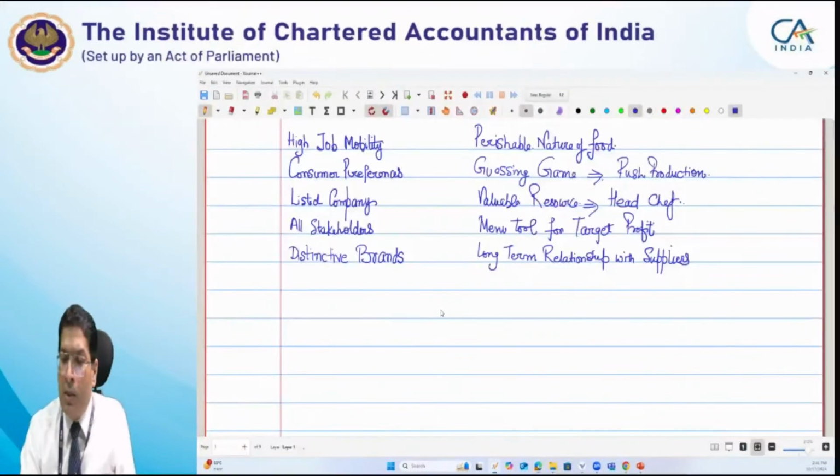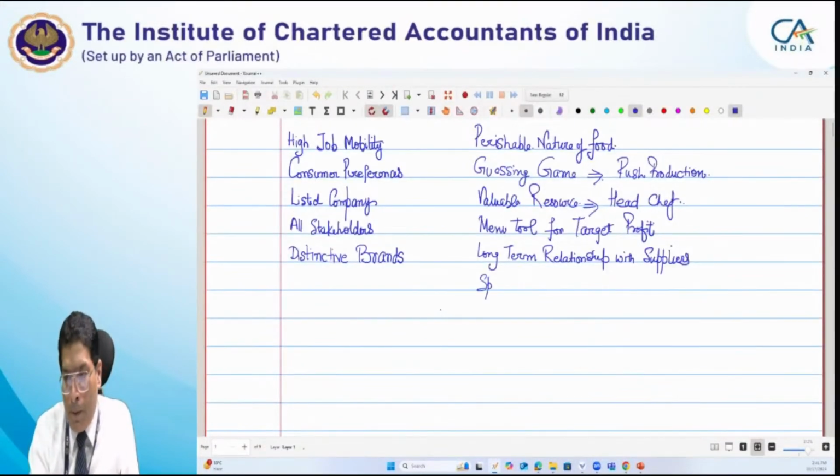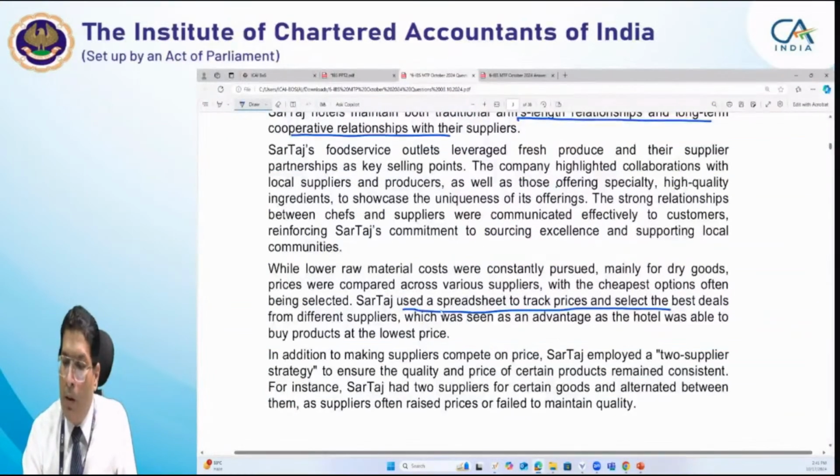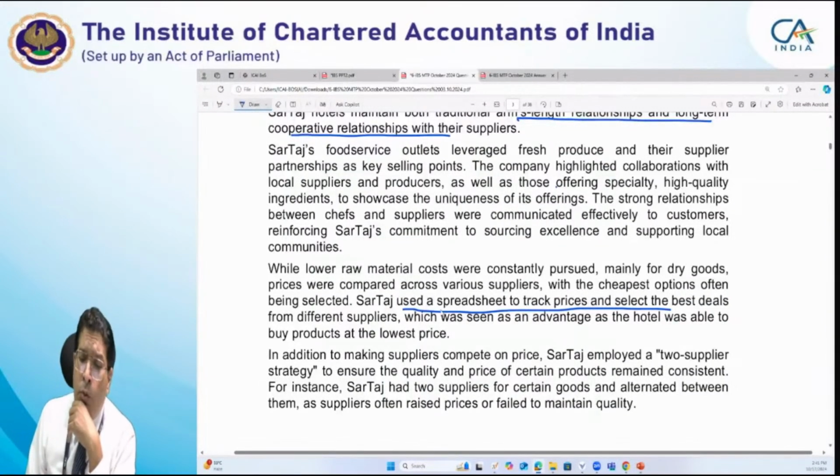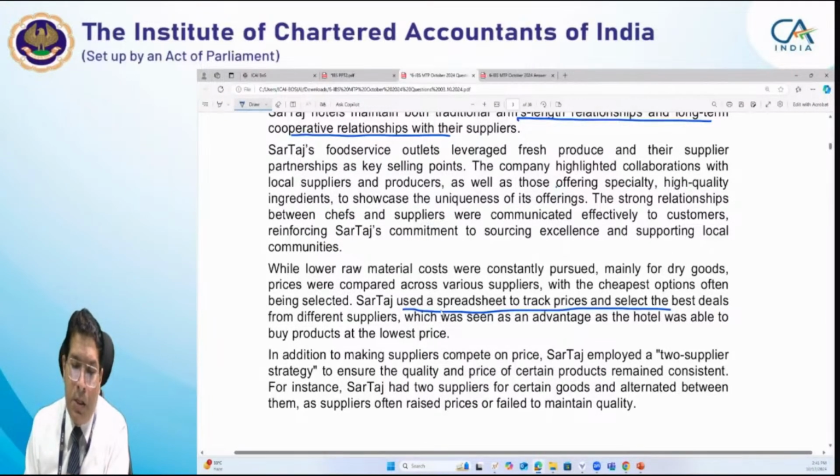Sartaj uses a spreadsheet to track price.